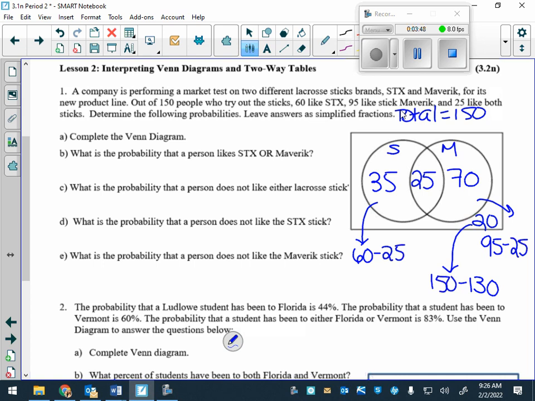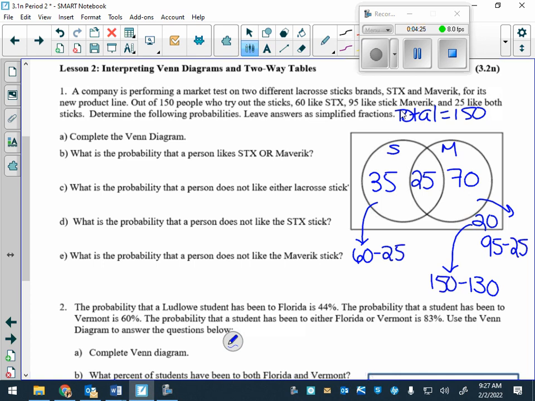So now, what is the probability a person likes 6 or the Maverick? What would it be? How would we figure this out? Saying or. So what are we doing? Adding. Adding what? Yeah, Riley. Okay, anything else? Eleanor?